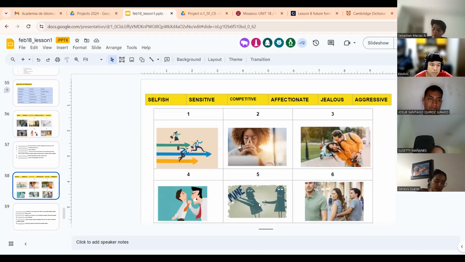Okay, here I have my new set of words: selfish, sensitive, competitive, affectionate, jealous, and aggressive. Okay, volunteers.